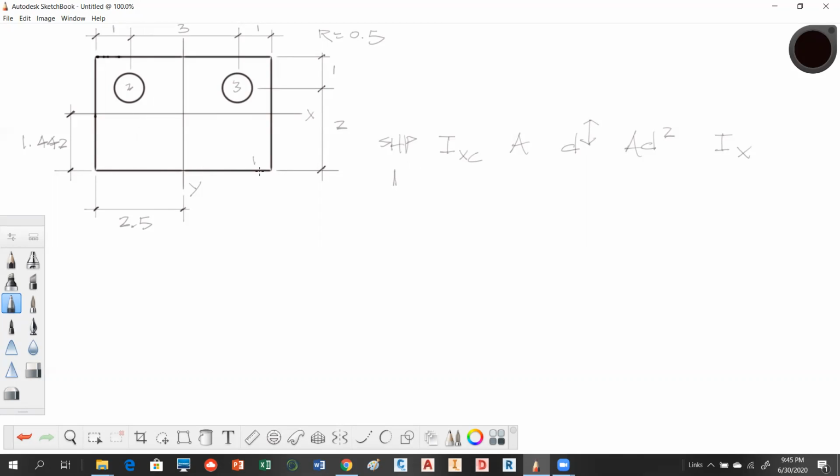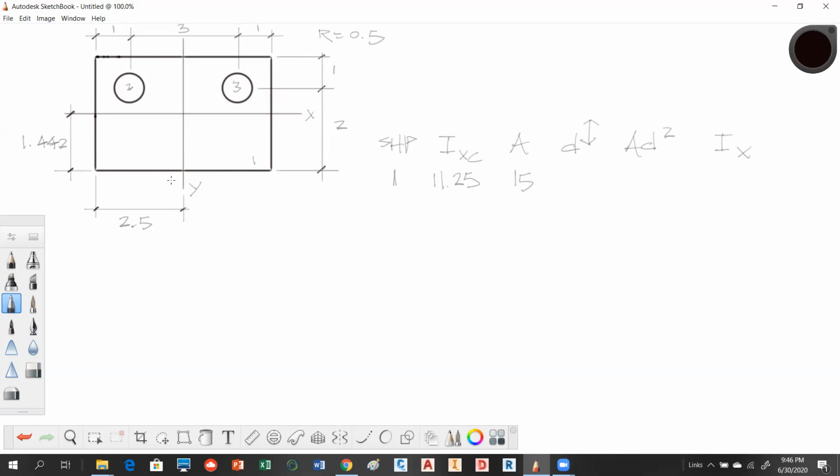So we have 5 times 3 cubed divided by 12, and what we get is 11.25. The area on this is just going to be 5 times 3, which gives us 15.